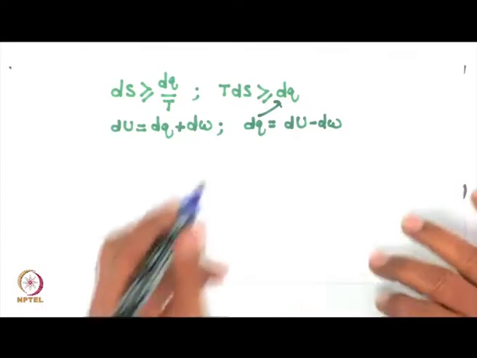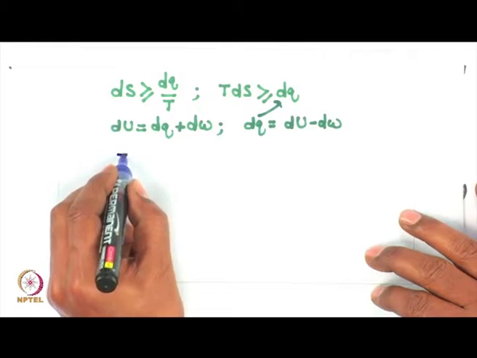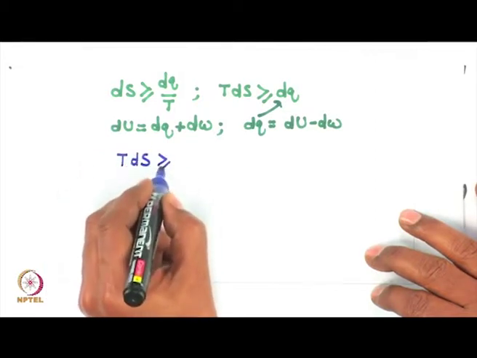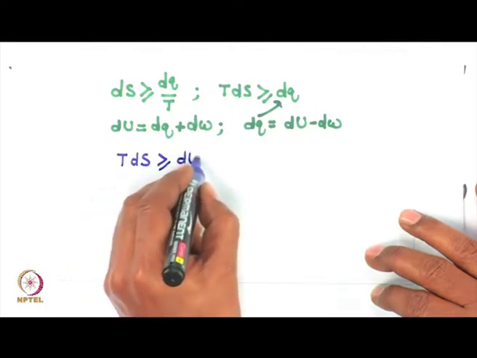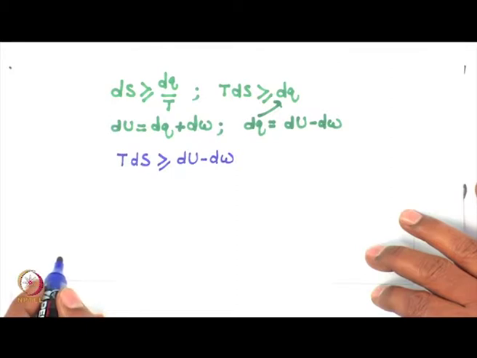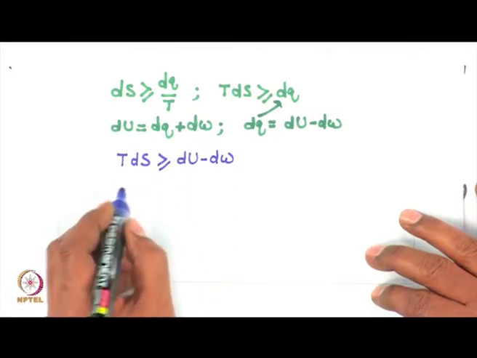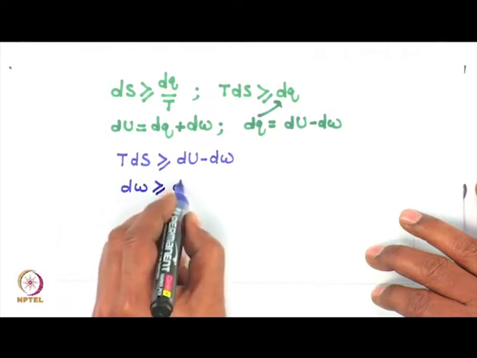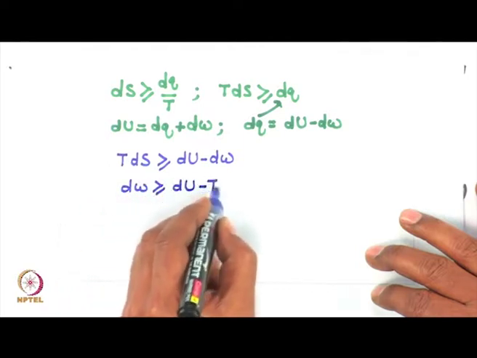What do I get now? That means I get TdS is greater than or equal to dU minus dw. Now, rearranging this, I get dw is greater than or equal to dU minus TdS.